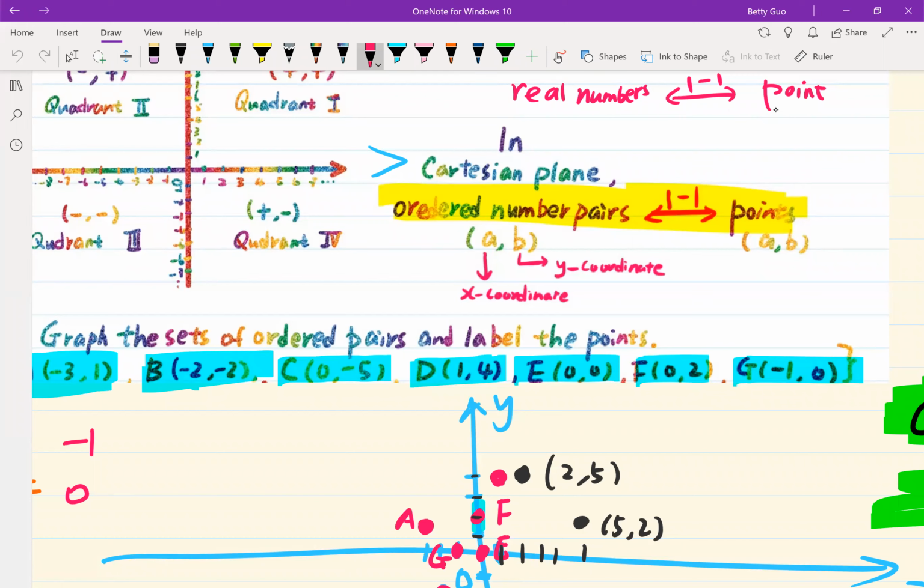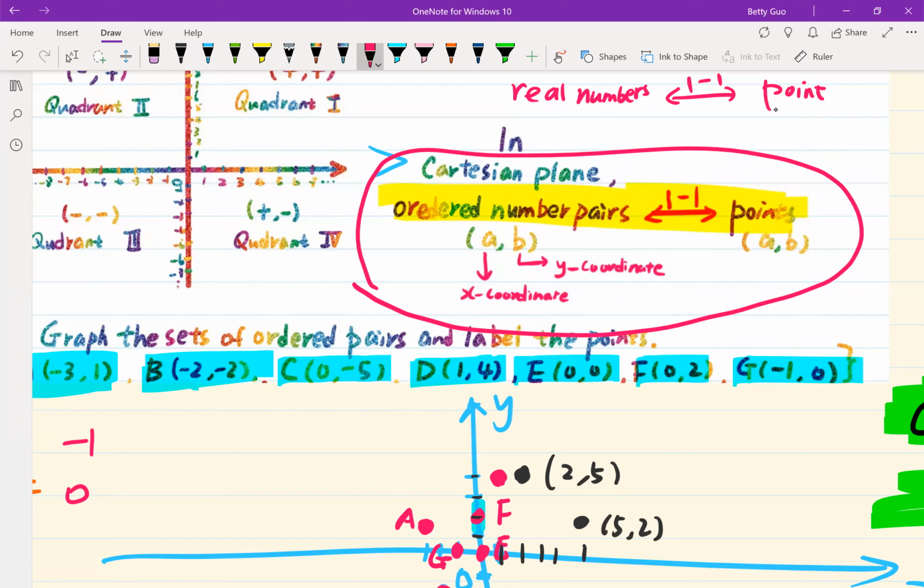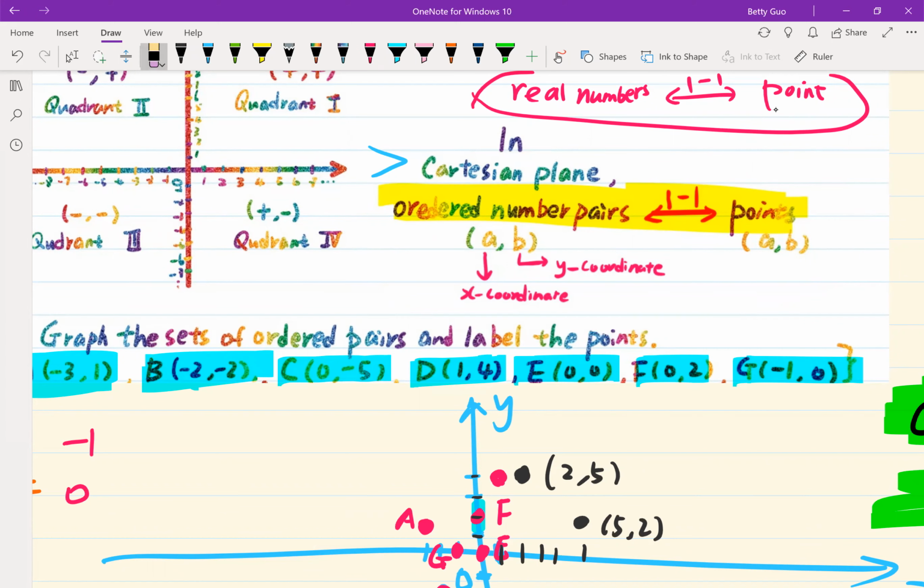So actually, this conclusion is a generalization of that conclusion. Please look at them together, understand them together, see the similarity, see the pattern. Because there's a one-to-one correspondence between ordered number pairs and the points in the two-dimensional space, we normally do not make a difference between the two things.